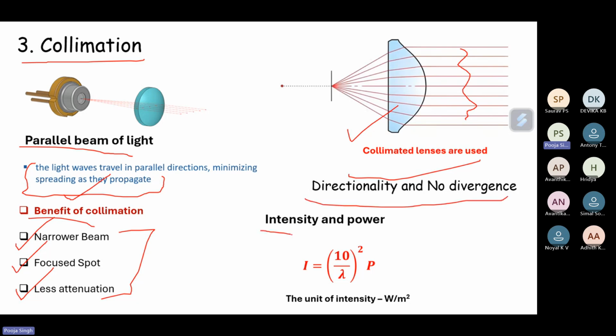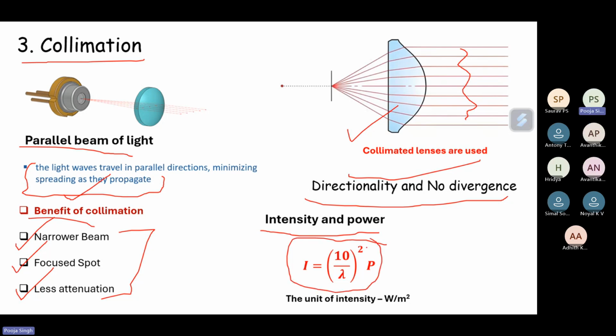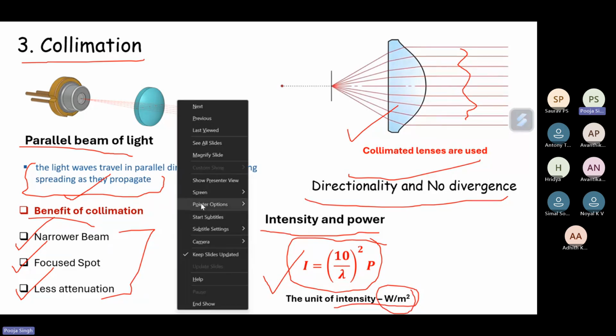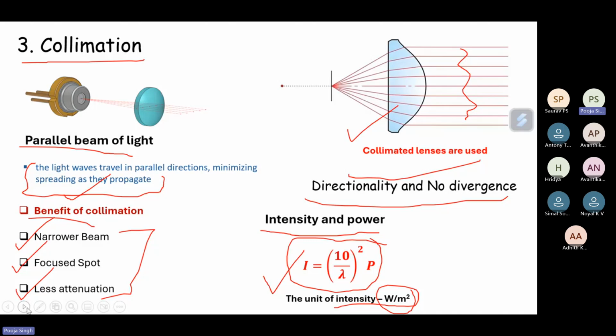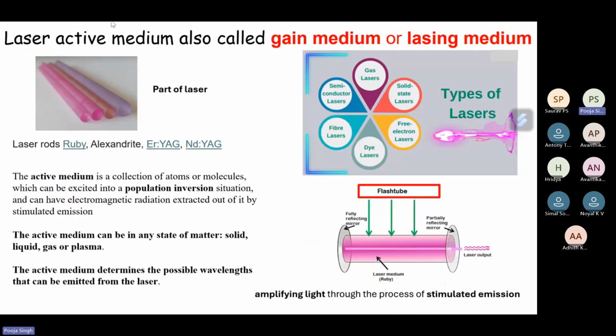And if you have to calculate the intensity and the power, it has a direct relation with the power, and reciprocal of the square of the wavelength relation with the intensity. And the unit is watt per meter square. Okay. So this is about collimation.